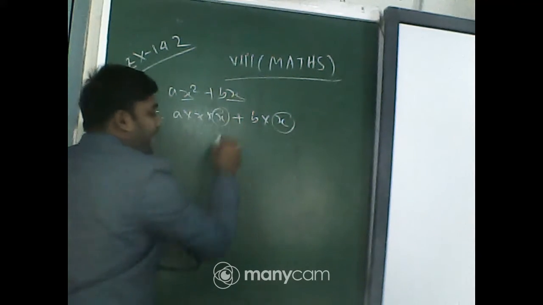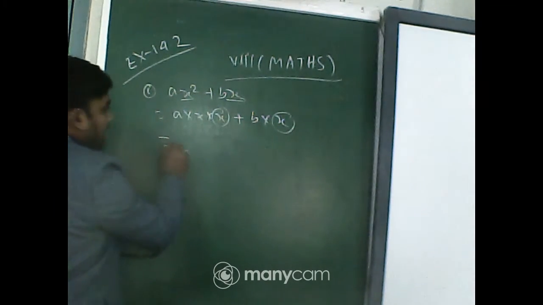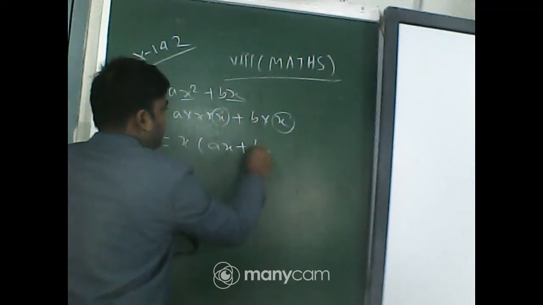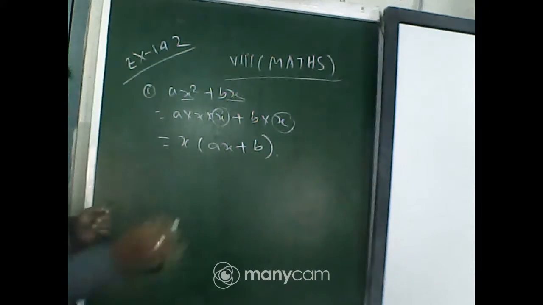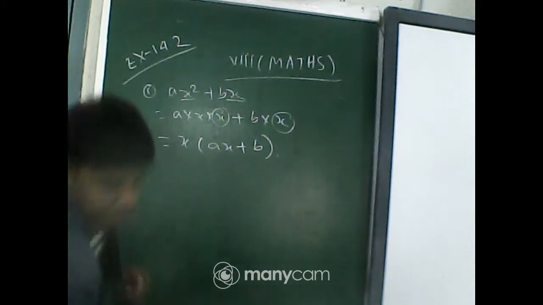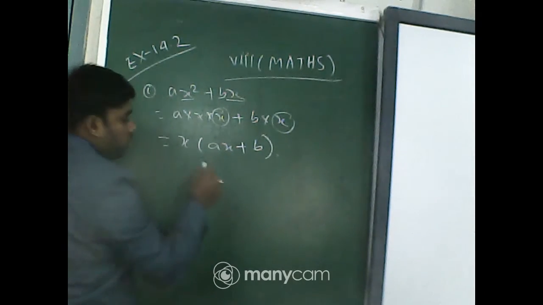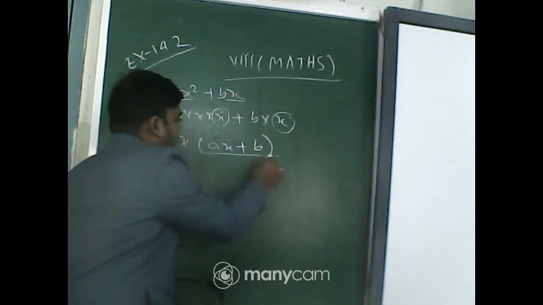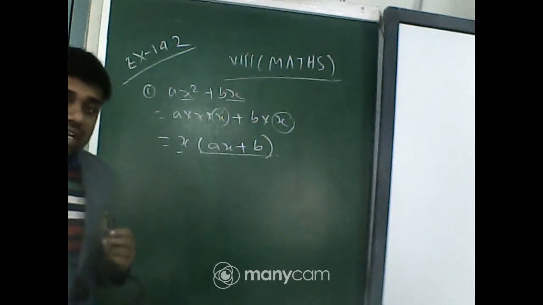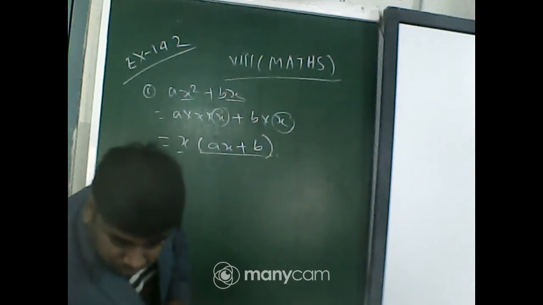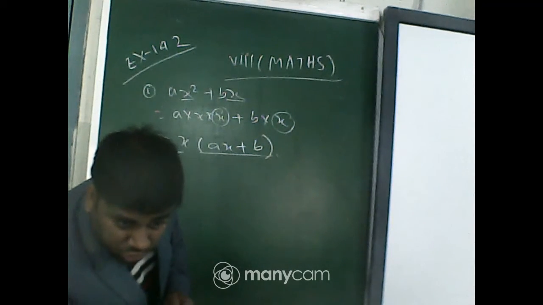So you can take x common, giving x into ax plus b. So ax square plus bx can be written as a product of two factors: x and another factor. It is the factors. That is the first question of question number 3 of exercise 14.2.